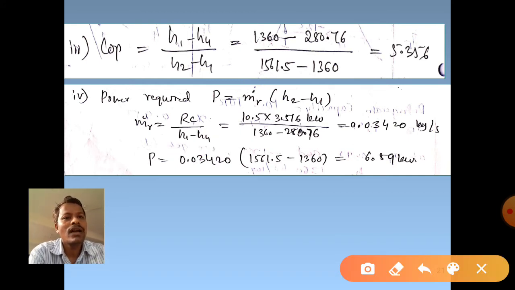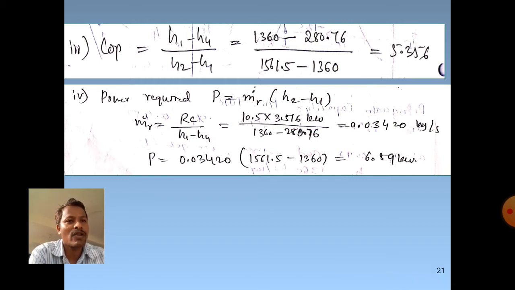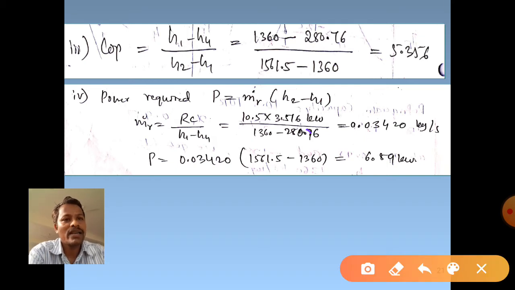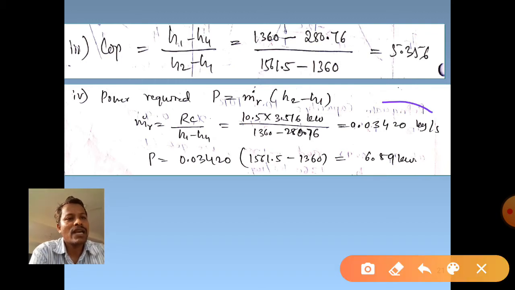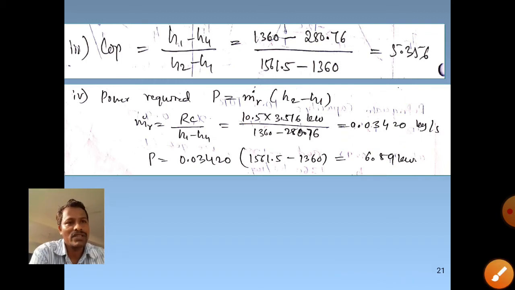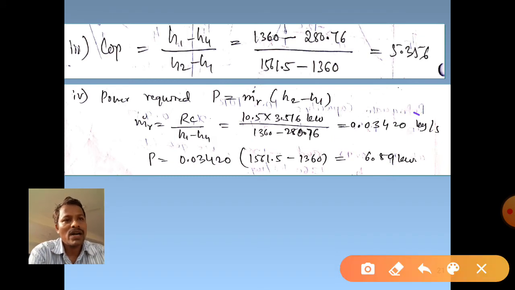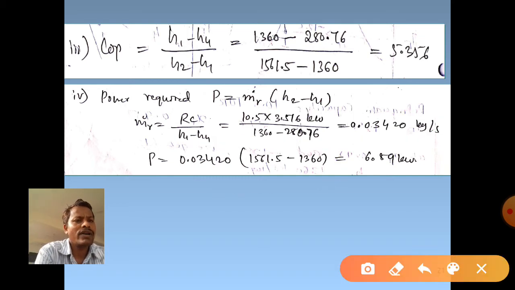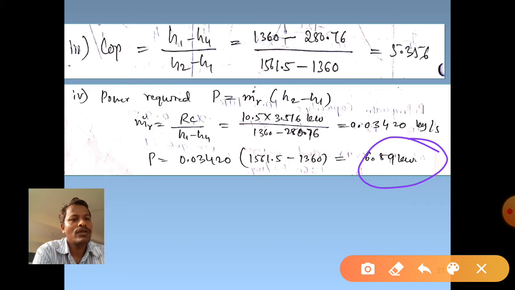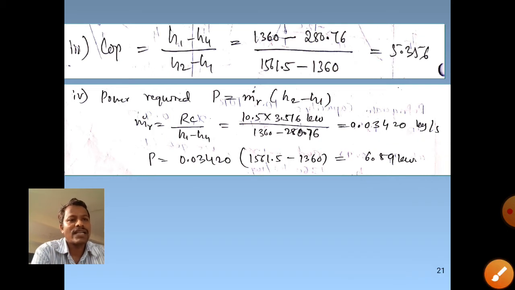So for 1 TOR, I am replacing it by 3.516 kilowatt divided by H1 minus H4. I have substituted the values, and thus we are able to calculate the mass flow rate of refrigerant. Now I will substitute the same mass flow rate and H1, H2 in the formula, and finally I am able to calculate the power as 6.89 kilowatt.